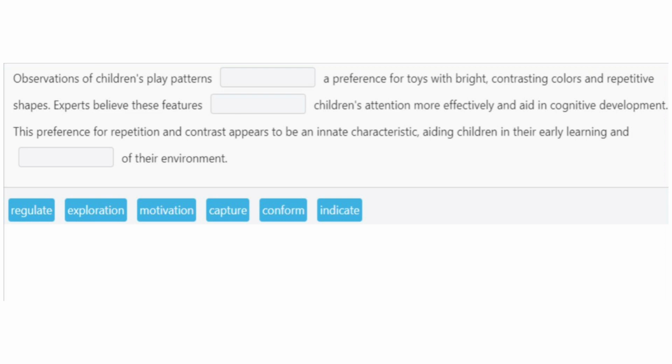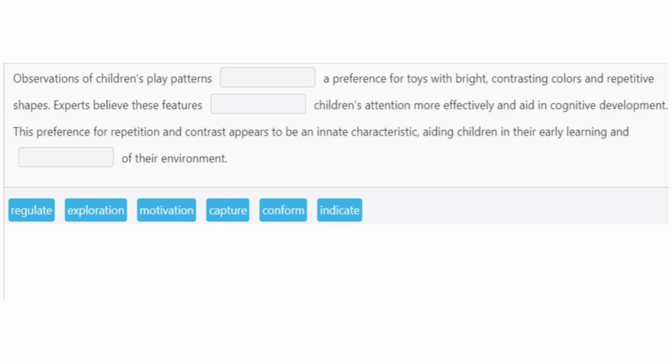So what all verbs do we have? Oh my god, we have four verbs, that is regulate, capture, confirm and indicate. So we have four options to choose from. I think I should go with indicate. Observations of children's play patterns indicate a preference for toys with bright and contrasting colors and repetitive shapes.